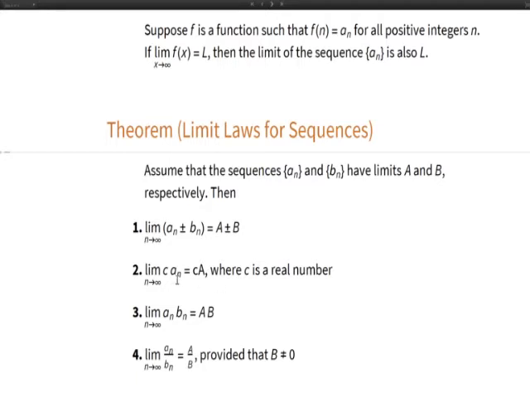If we take a function and multiply it by a number, then the limit of that would just be that number times the limit of the function. And so on. If we multiply two functions and take the limit, we get the product of the limits. And if we divide two functions and take the limit, we get the quotient of the limits, as long as the bottom one doesn't go to 0. So again, everything that you expect to happen, happens.